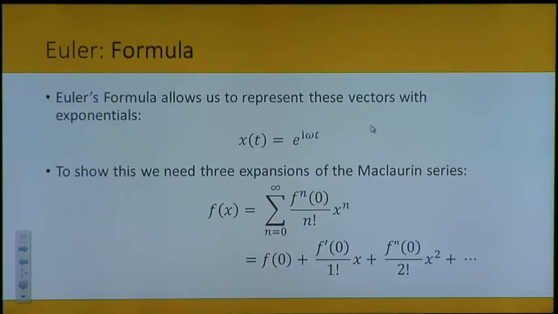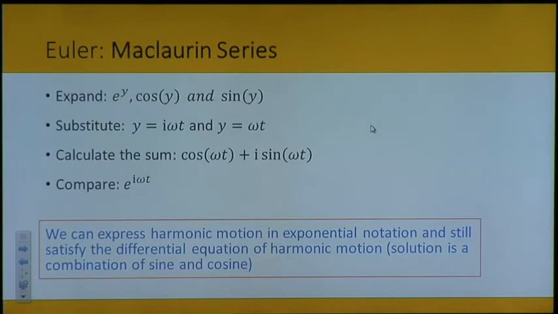Now I can express it as an exponential. So what does this really mean? This means that the harmonic motion that we've been thinking of in vibrations can actually be expressed in exponential notation and still satisfy our differential equation, whose solution is a combination of these sine and cosine functions. So they still satisfy the solution, except now we can express them in a different way that's easier for us to manipulate.